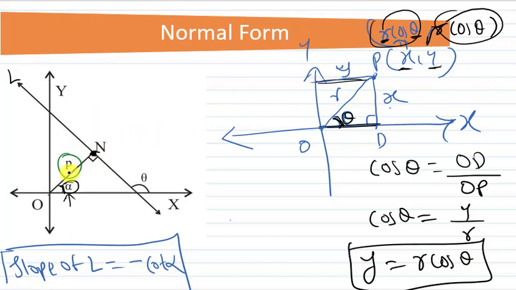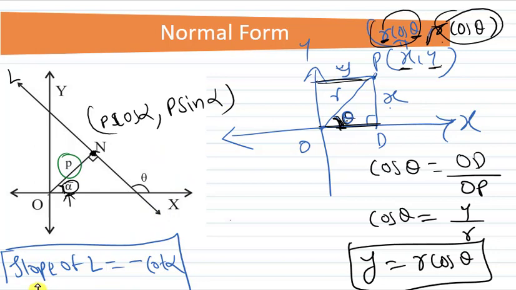Similarly, point N I can write with distance, where r is the length, and in our case r is represented by p, and theta is alpha. So I can write the coordinates of N as p cos alpha and p sin alpha, by using the perpendicular ON.